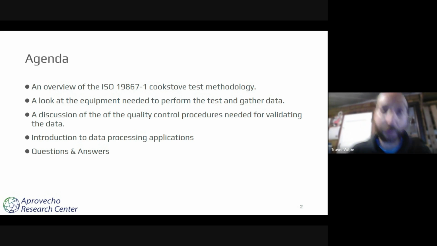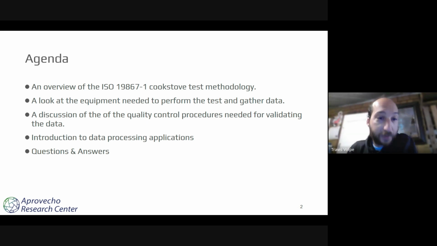It's going to be measuring the emissions as well as the thermal efficiency. There's safety and durability aspects as well. We won't be covering those today. That'll come in a later webinar. We'll be looking at the equipment that is used both to perform the test as well as to gather and validate the data.